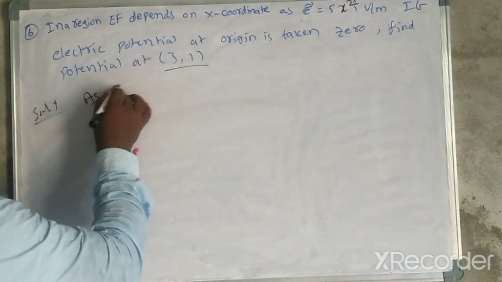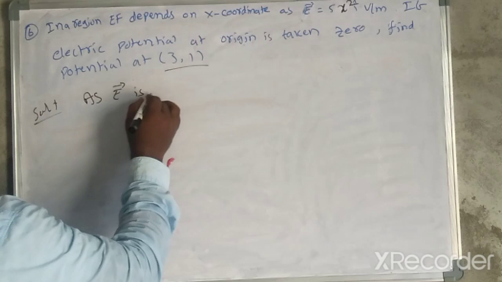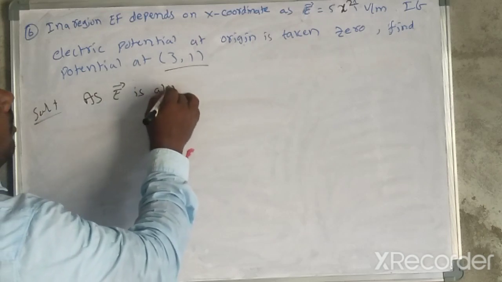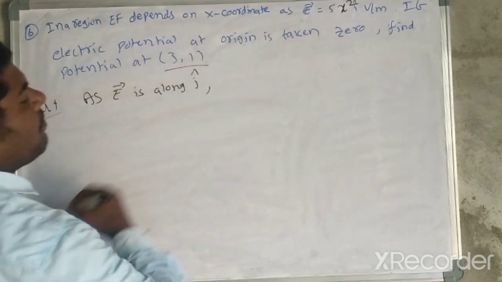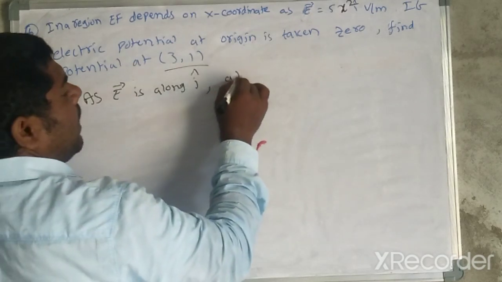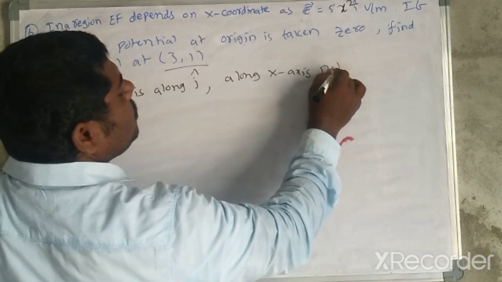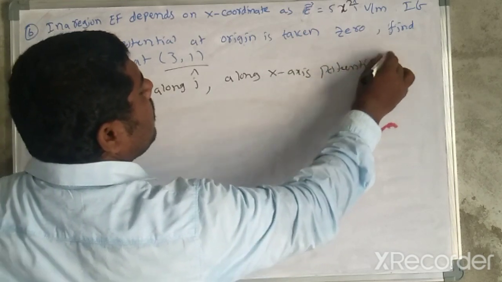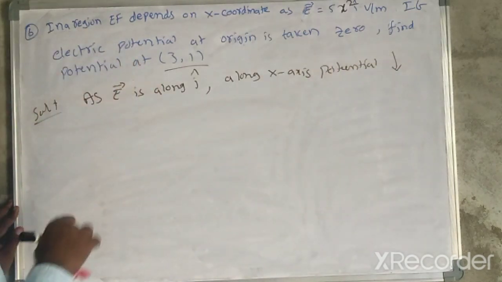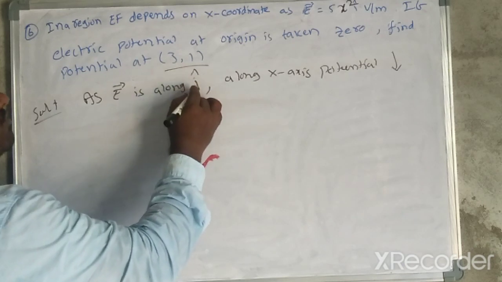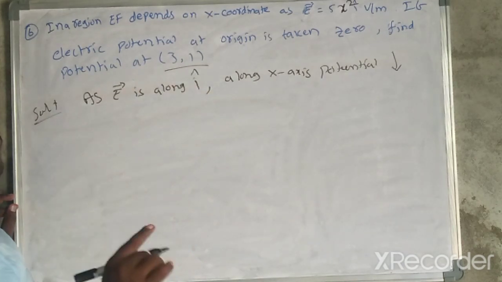As the electric field E is along i cap, along the x-axis, the potential decreases, because in the direction of the electric field, electric potential decreases.